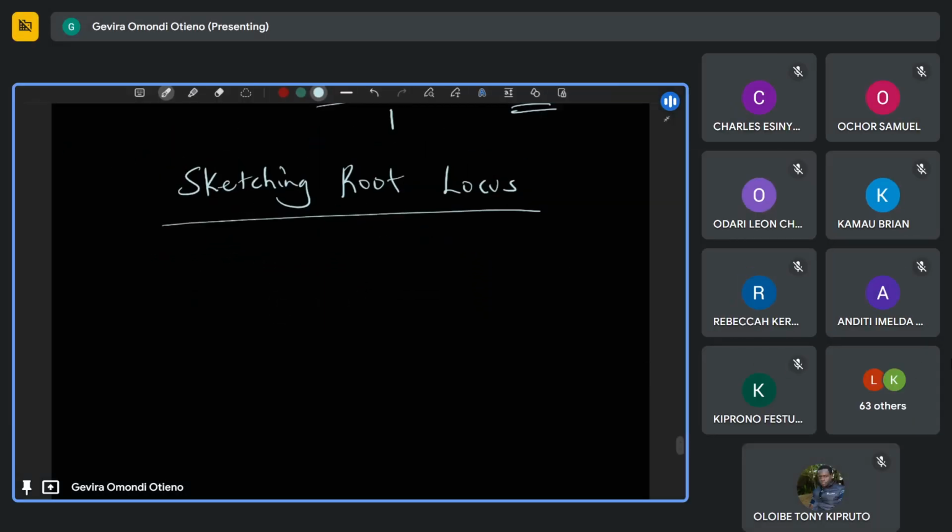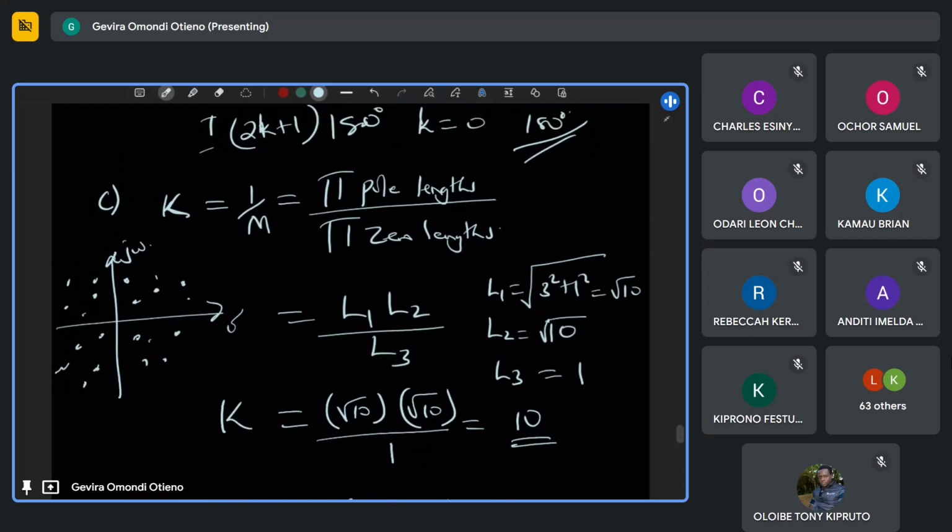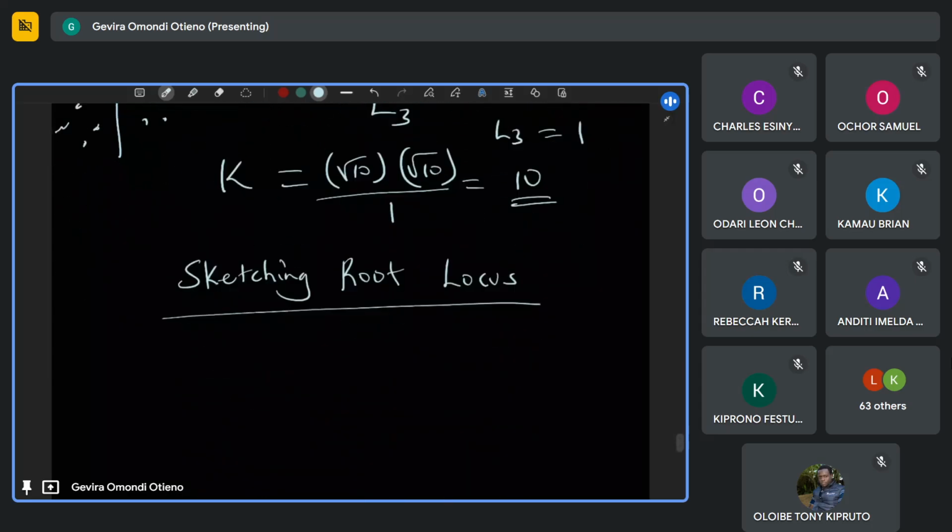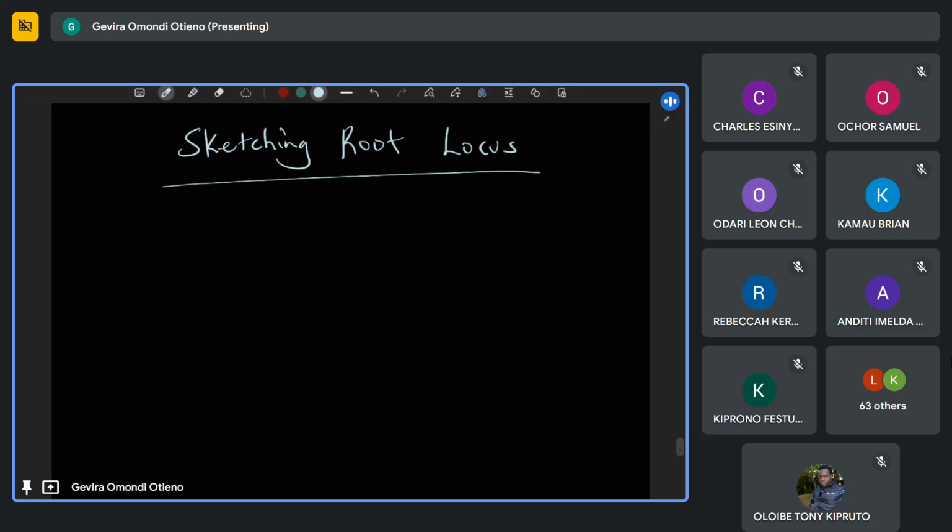So we have certain concepts that can be used to develop rules that we can use to sketch the root locus without the effort of testing for the angle and magnitude conditions. And those rules are very important because they help us to sketch.